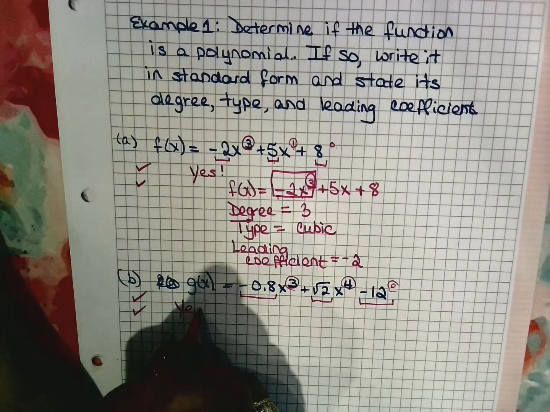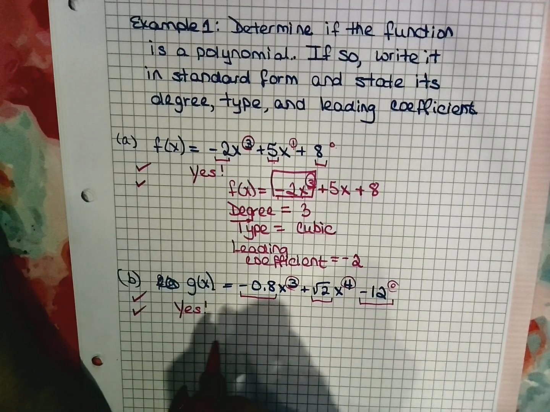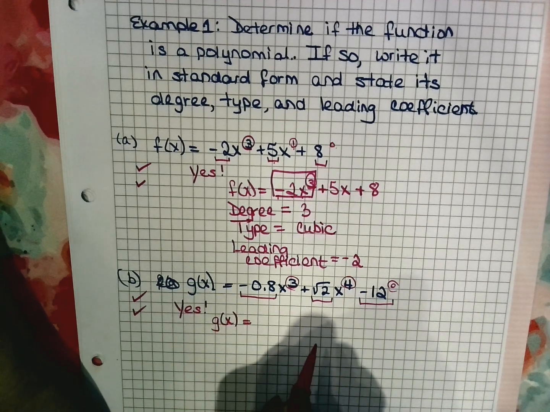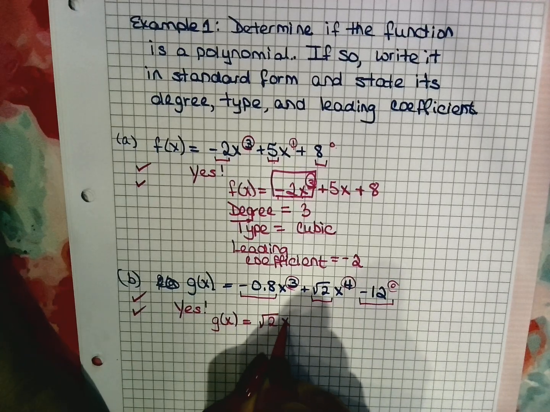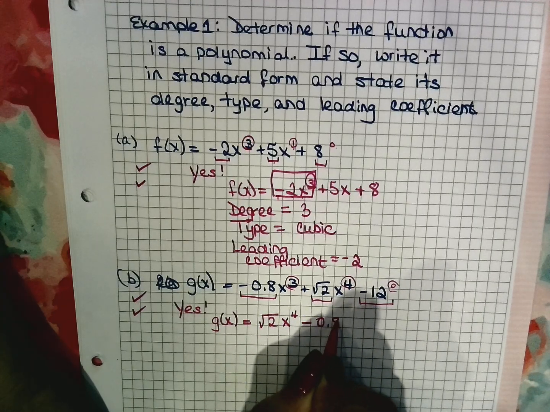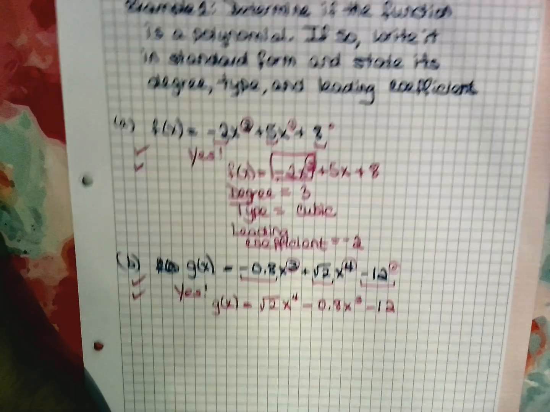This is a polynomial. And now we do need to order this one. This one is not in order. So we put the term with the biggest exponent first. That's going to be square root of 2, x to the 4th. Then we have minus 0.8x to the 3rd, minus 12. All right?